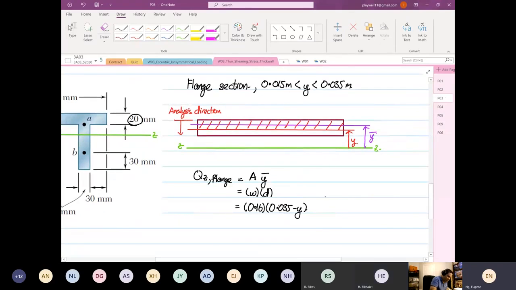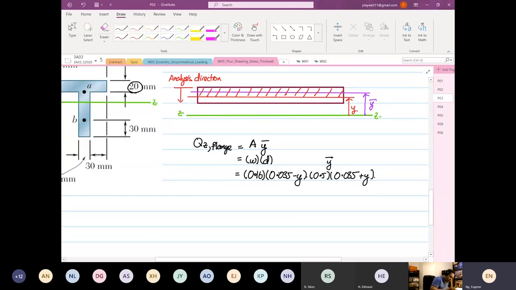Right. Then the next thing is our Y bar. So our Y bar is equal to 0.5 multiplied by 0.035 plus Y. Okay, so all this looks familiar, right? It's how we derive it, yes or no? So from here, we have our expression that this is equal to 0.08, and then this is equal to bracket 0.035 squared minus Y squared.